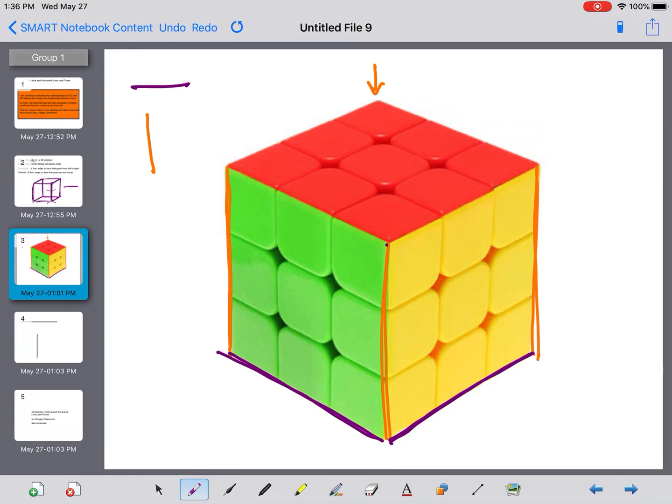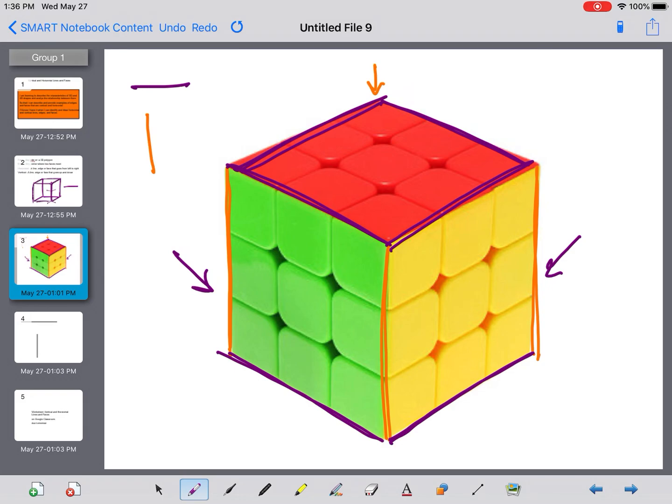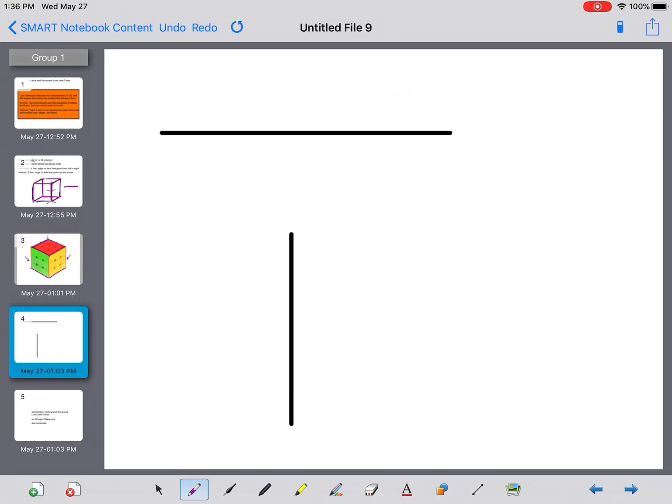This would be a horizontal line. This would be a horizontal line. This one would also be horizontal, as would this one and this one. And then there would also be two more horizontal lines that we can't see, right on this side and on this side.